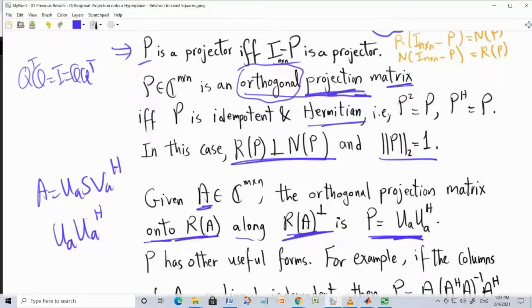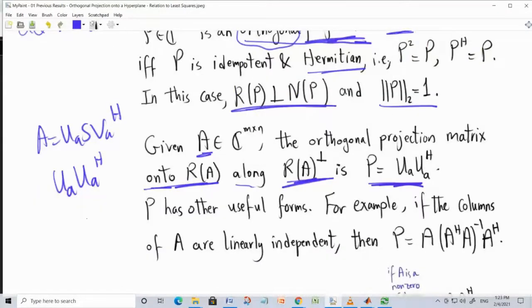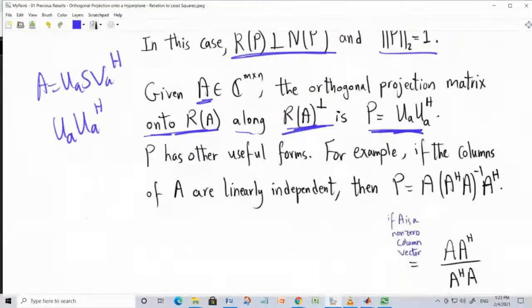And the orthogonal projector onto the range of A has other forms. I talked about them in the previous lecture, and one of them is this nice form with an inverse. We are assuming that there is an inverse. It's valid for the special case in which the columns of A are linearly independent.